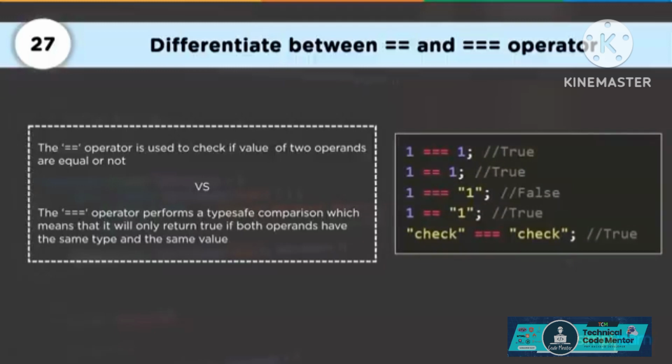So suppose in this case, since they both are equal, it will return true. While in this case, they both have the same type, hence it will return true.